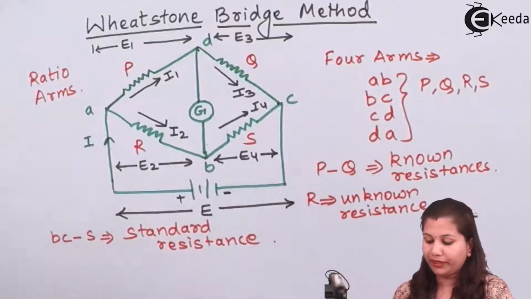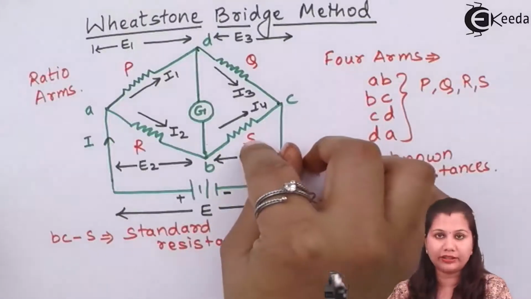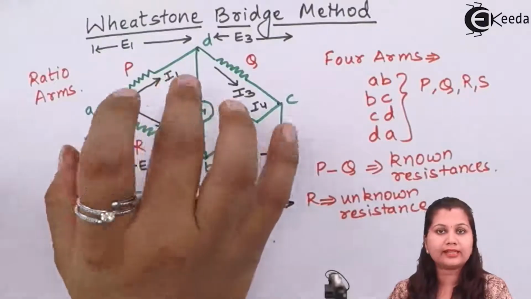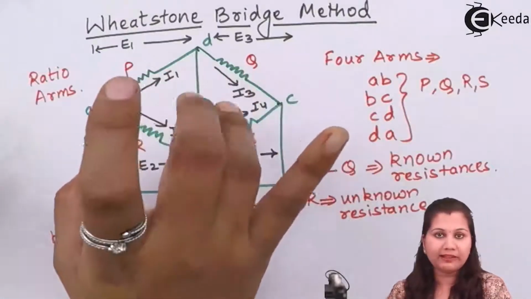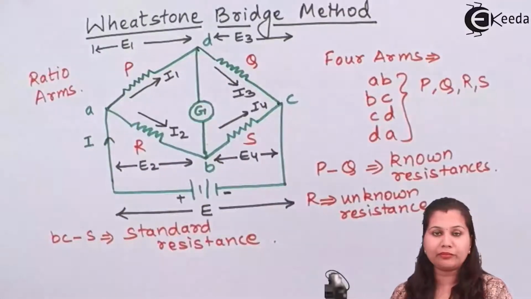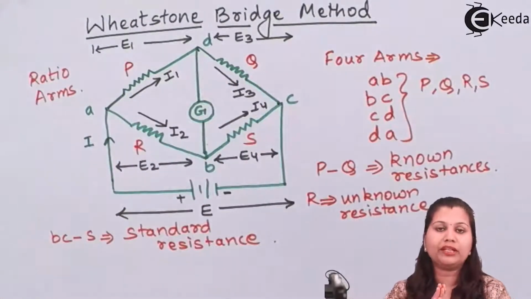So what we are doing here is varying the parameter. Here we will vary the standard resistance such that we get a null deflection in this galvanometer. Null deflection means that the galvanometer is showing 0.